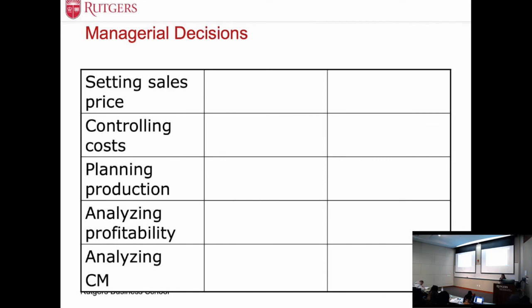And sometimes we need to analyze the contribution margin, right? So now we have learned the absorption costing and the variable costing, and we need to understand how to use the two costing systems to help managers make managerial decisions, right?